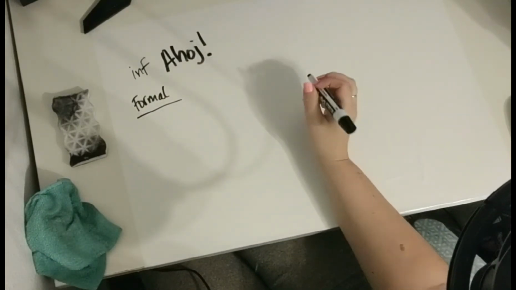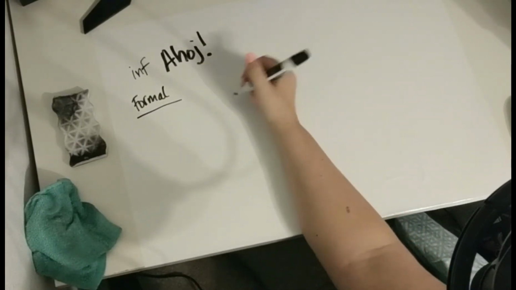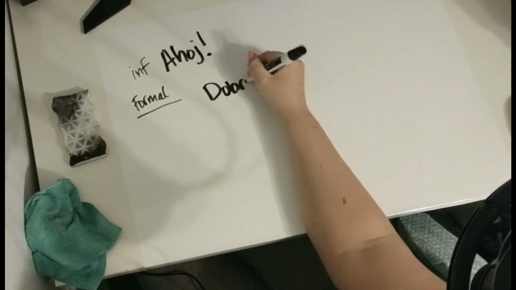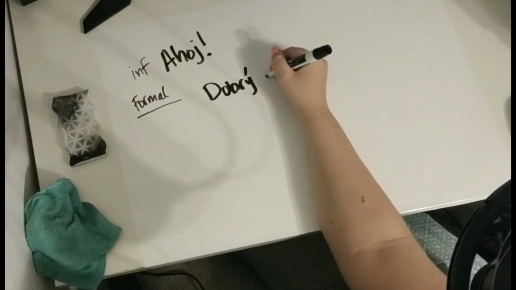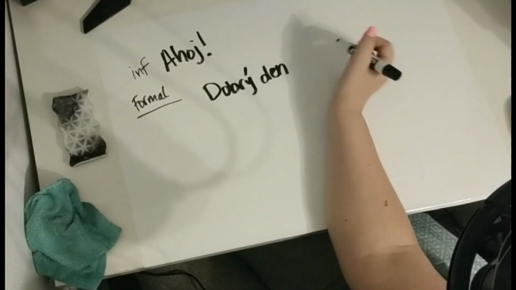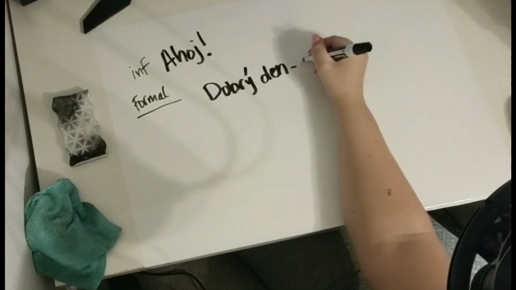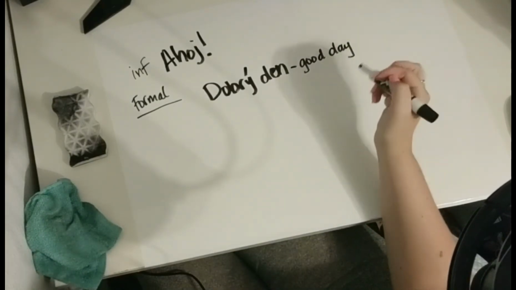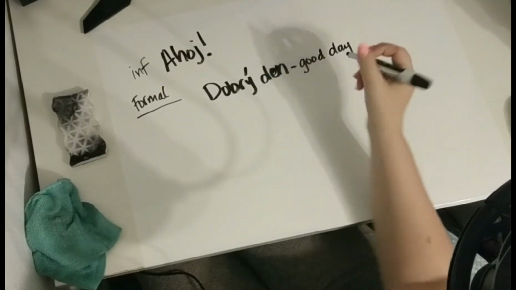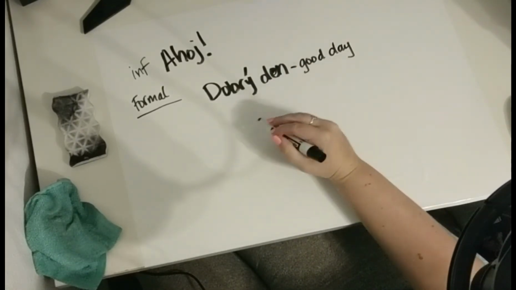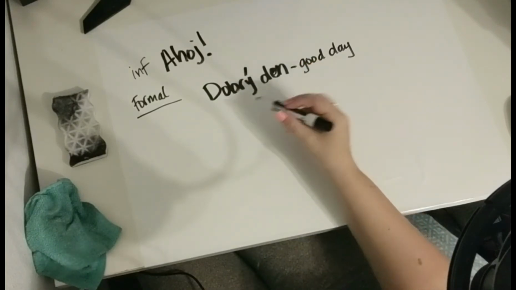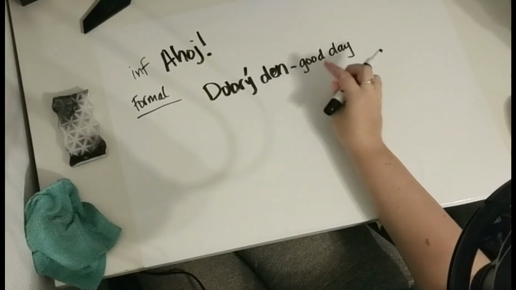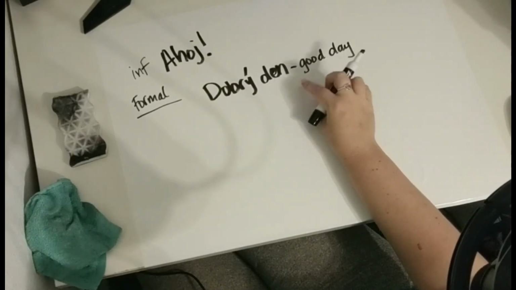Let's do the formals. The formal way of saying hello is dobrý den, which literally means good day. Remember, roll that R. Since it means good day, you wouldn't say this in the morning or evening.